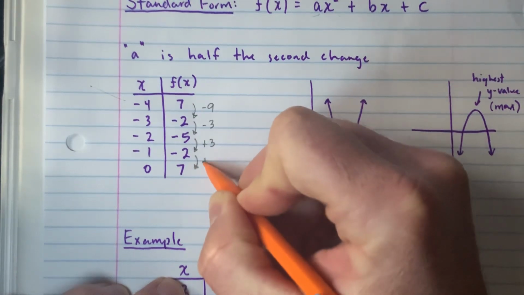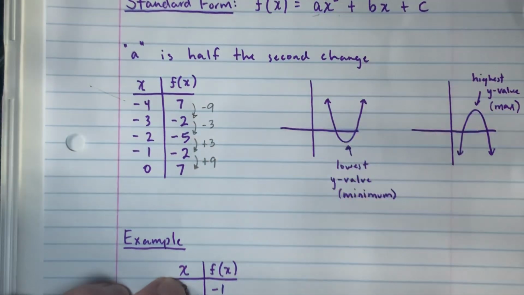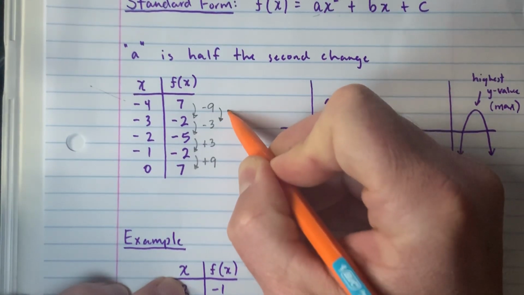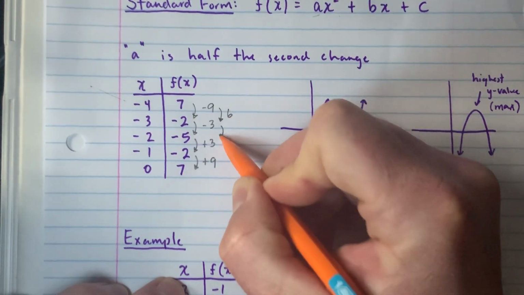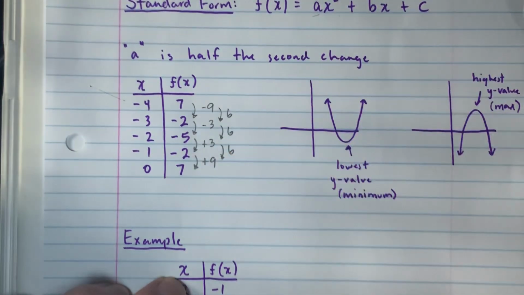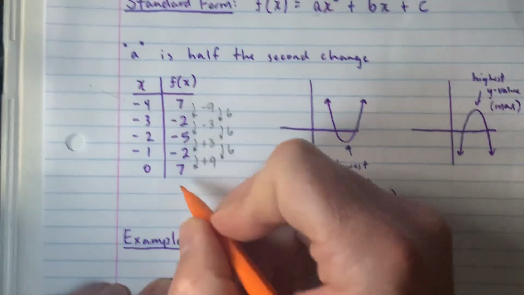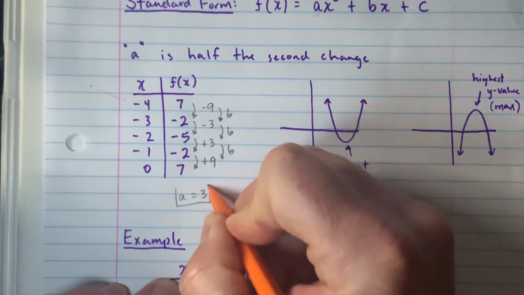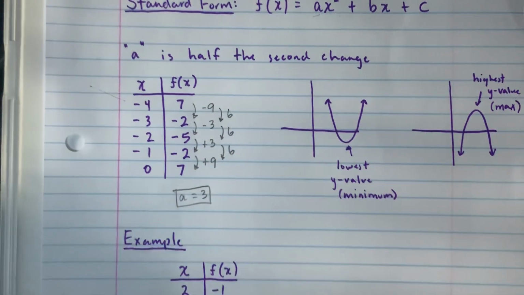And this one goes up 9. Our second change in this case would be 6, 6, and 6, right? A constant second change tells us it's quadratic. So our A value in this case would be 3. Remember, half of our second change would always be our A value.